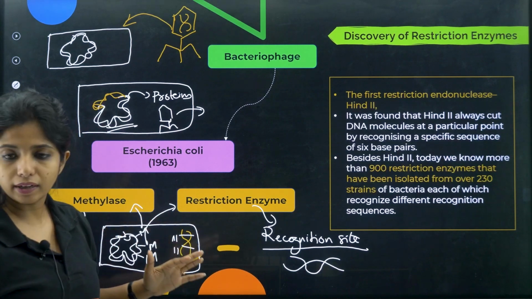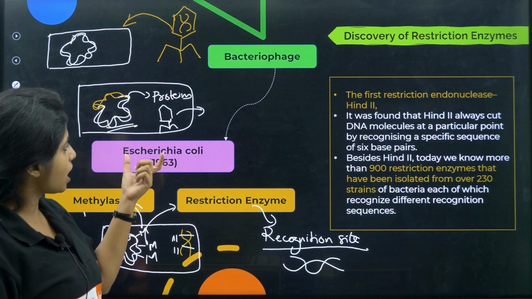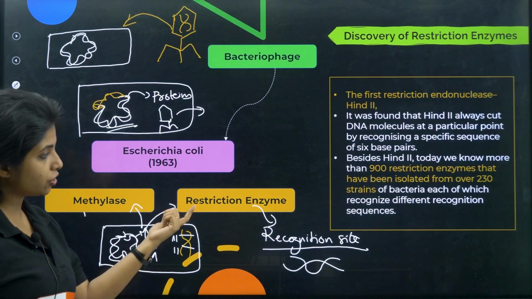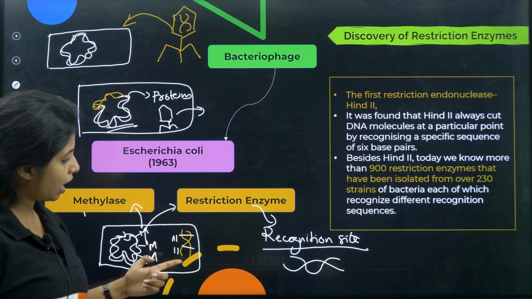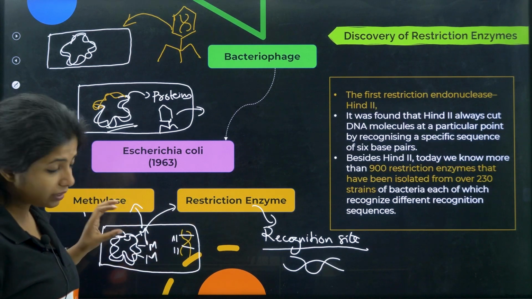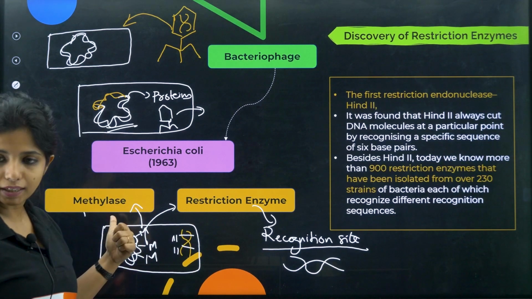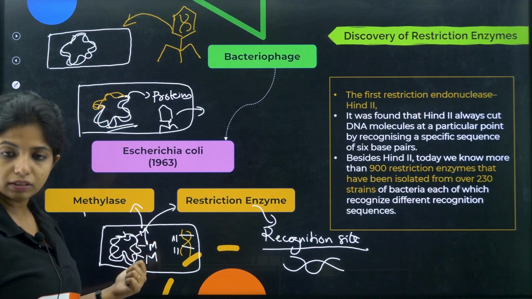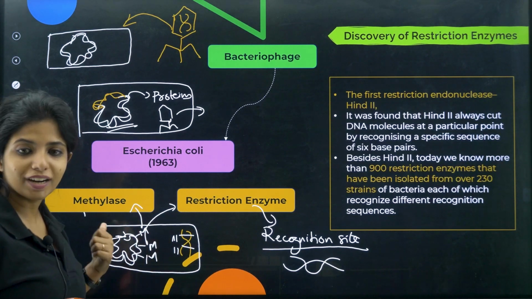But over here things are quite different. In the case of Escherichia coli, what happens, children? It is producing restriction enzymes. This restriction enzyme will have multiple recognition sites over there and will cleave each of them. Now to protect themselves from this, they also release methylase, children. So it had methyl groups over here so that nothing could happen to their own DNA.